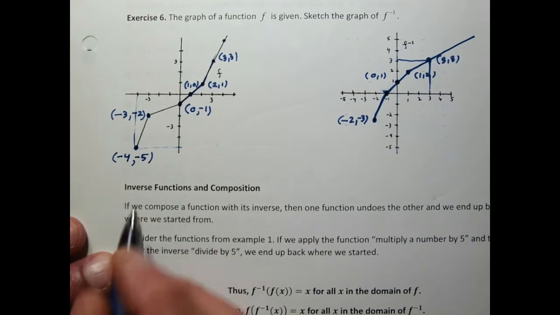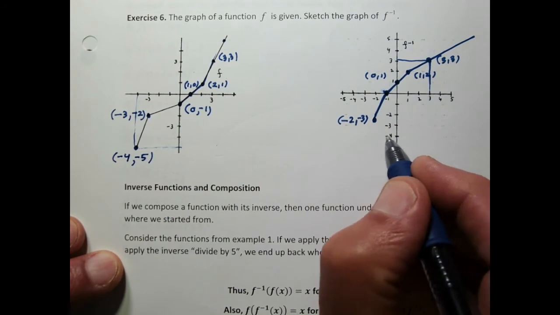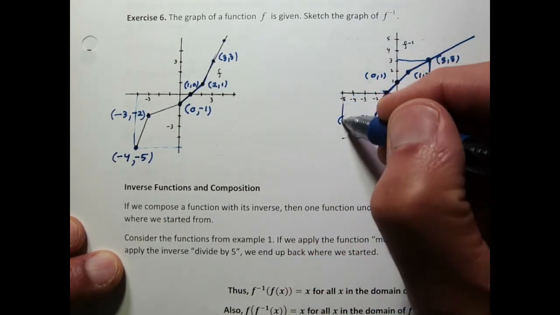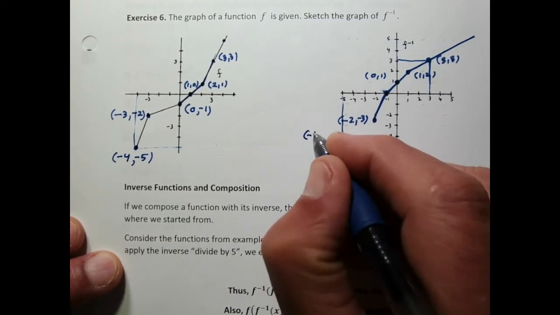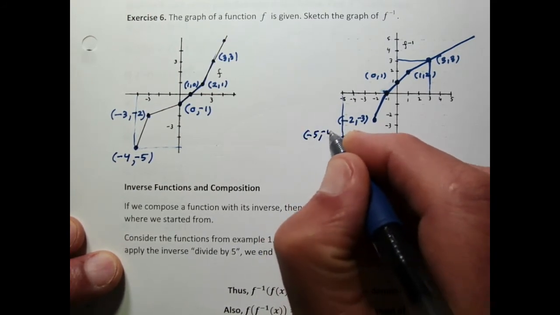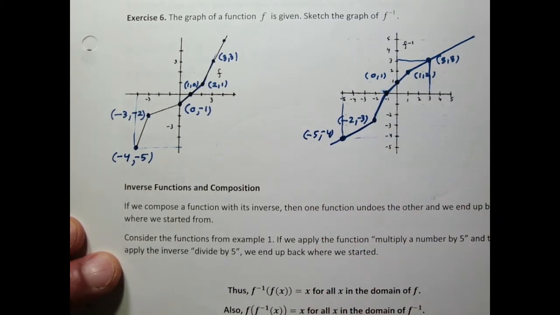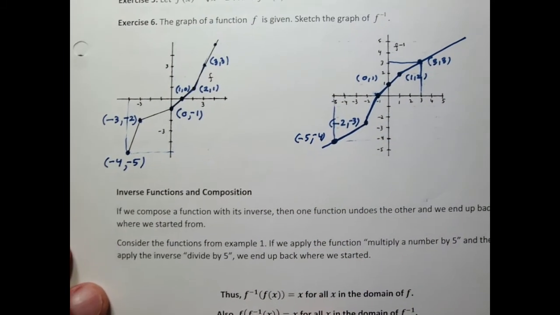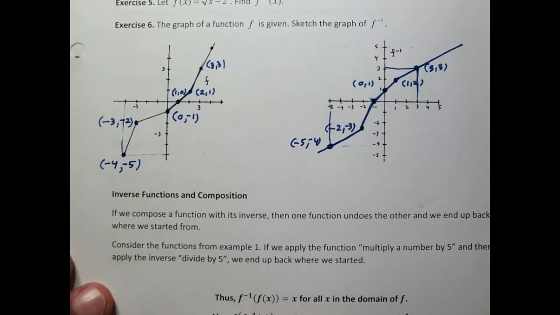So I know if I interchange those coordinates, (-5, -4) must be on the graph of the inverse. (-5, -4), right here.